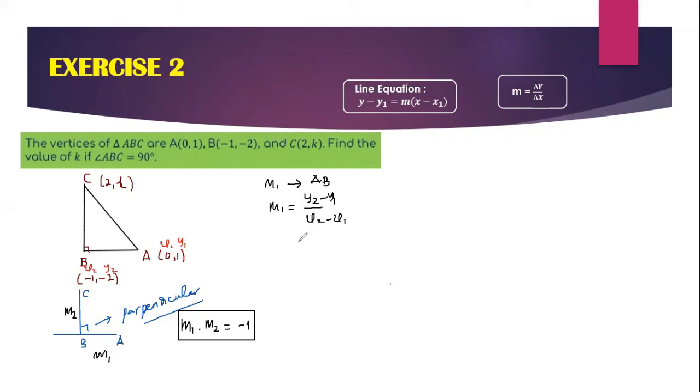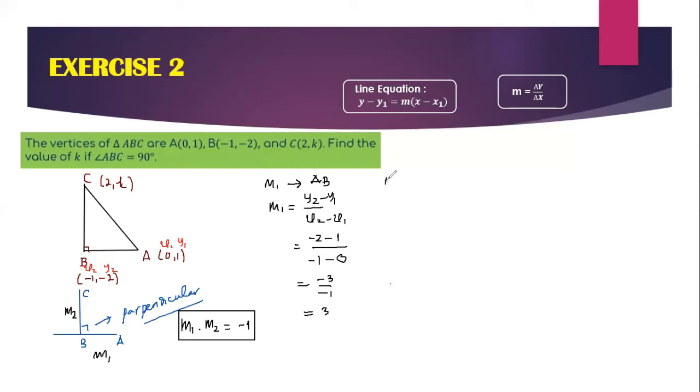So M1 is y2, which is minus 2, minus y1, which is 1, over x2, which is minus 1, minus x1, which is 0. So we got M1 is minus 3 over minus 1, which means M1 is 3.